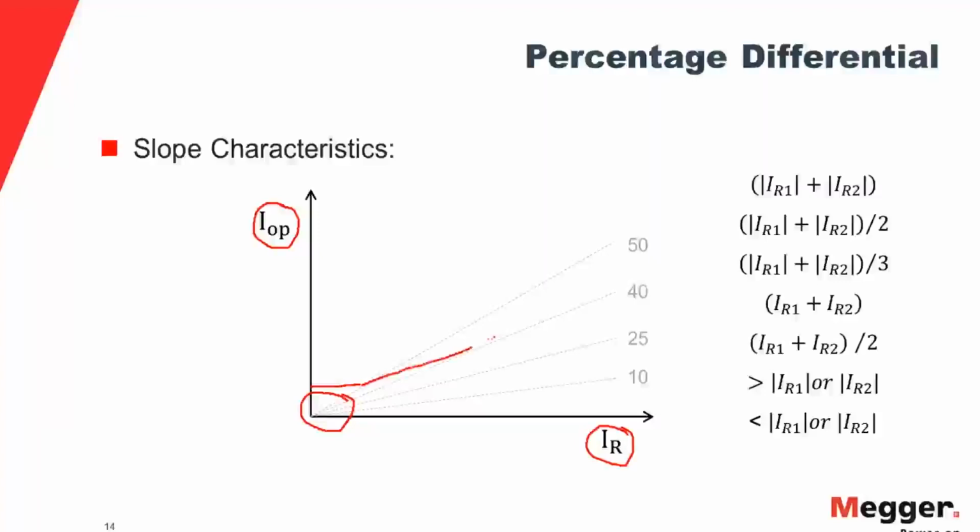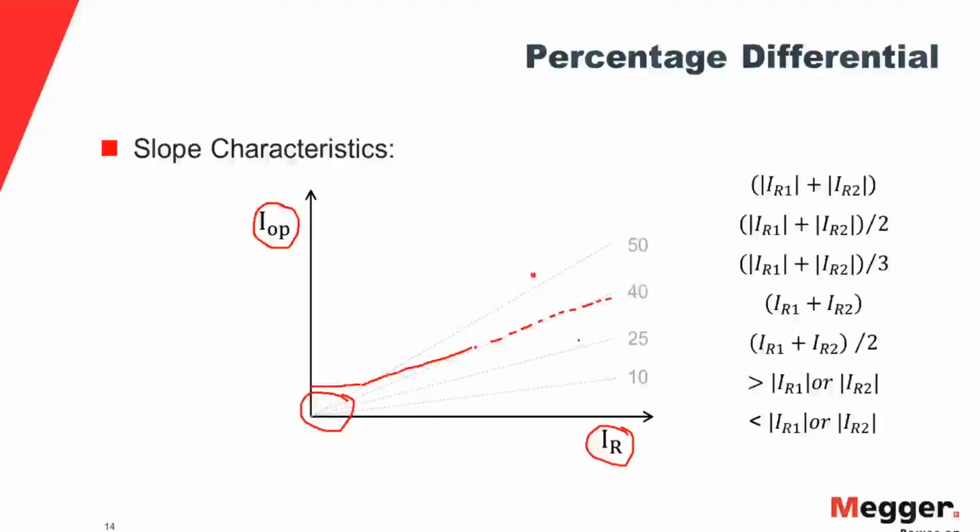But as you go higher, you cannot have 20% all the time. Okay? The reason for that is when there is a close-in fault, your current magnitude will be really high. So if your current magnitude is really high, your restraint current and your operating current will also be high. So you might end up in this region for an external fault, and your relay will operate for an external fault, which should not be the case.